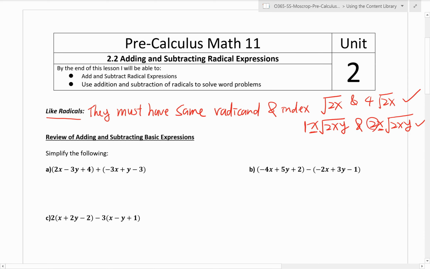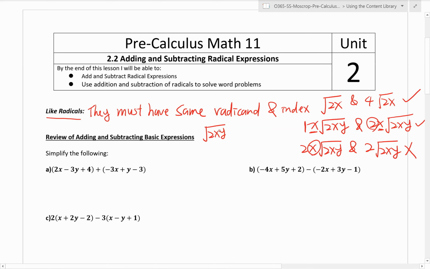So what's not, well, in this case, they won't be like radicals. For example, we have 2x square root of 2xy and let's say 2 times square root of 2xy. They are not like radicals because in this case there's x here and there's no x there. You cannot combine these two together, okay?